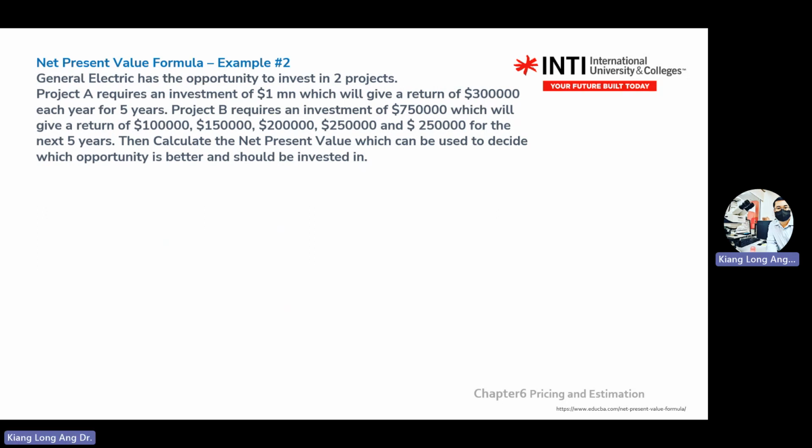B, you have 750,000. Of course, when it comes to your test 2 or final exam, put in the unit. Okay, this is just a draft calculation.